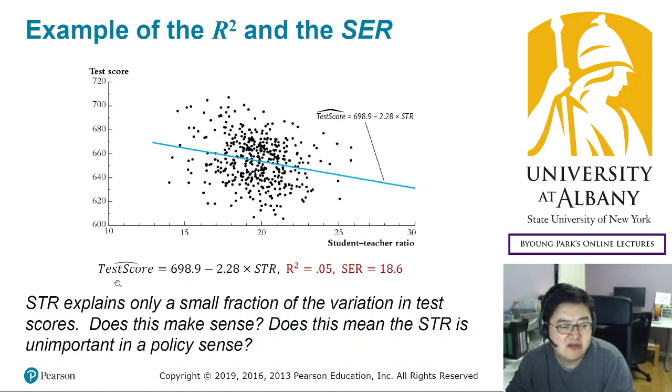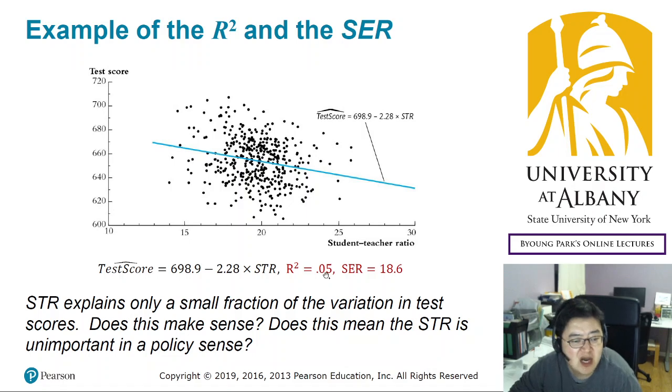And the performance of this regression model is measured by an R squared of 0.05, which is 5%, and a standard error of the regression of 18.6.